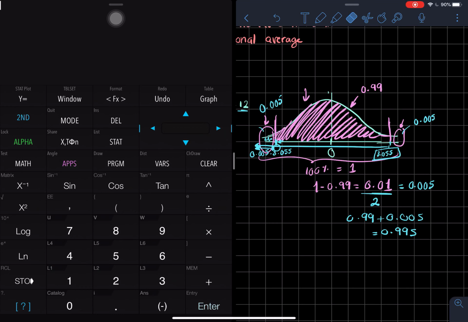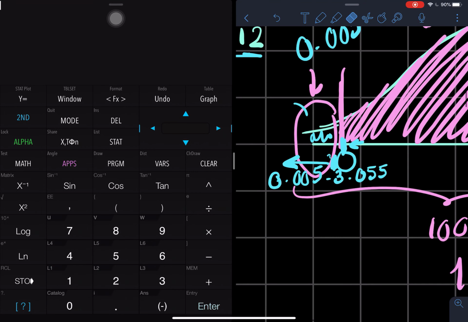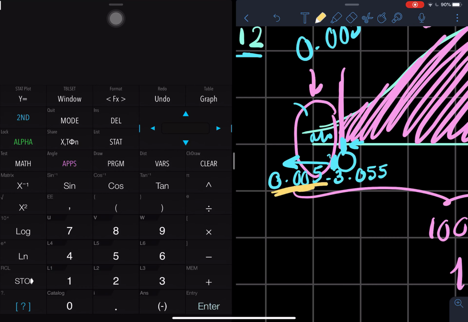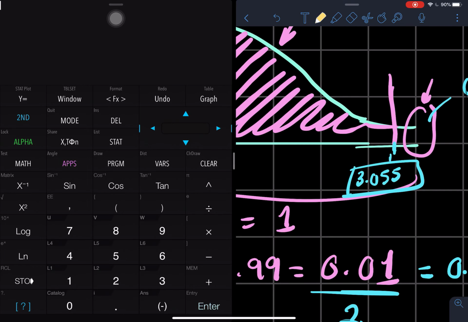And that's why the easier way to do this is, instead of doing this big area, let's just consider this smaller area right here, the 0.005. And even though it gives us a negative number, all we need to do is get rid of that negative to get the other value, because it's symmetric.